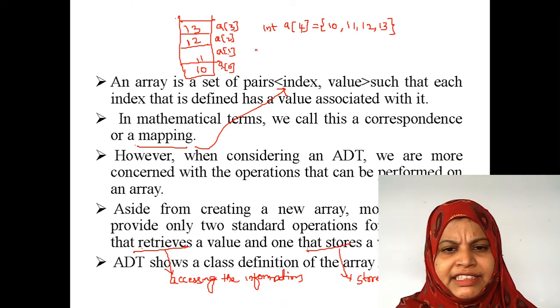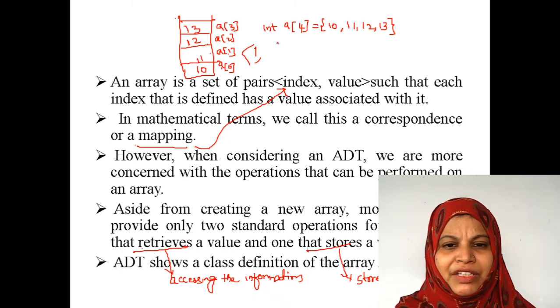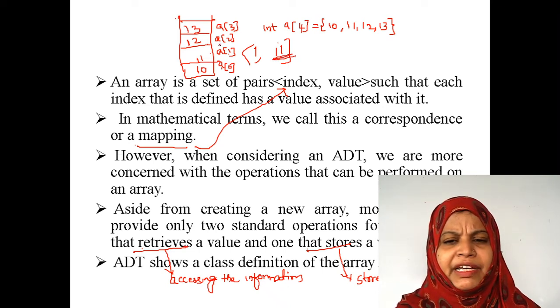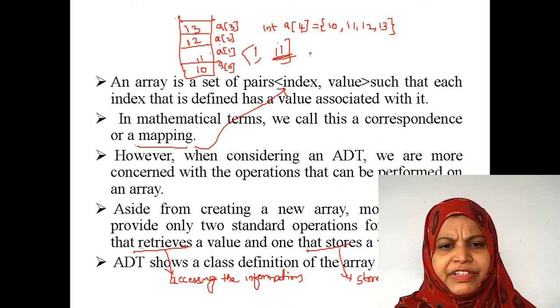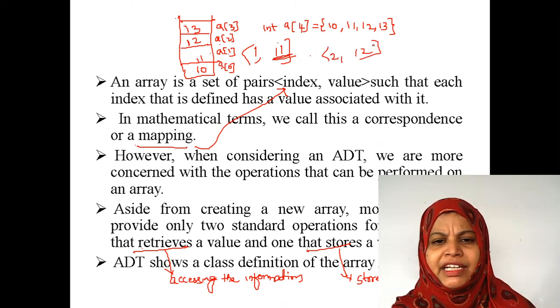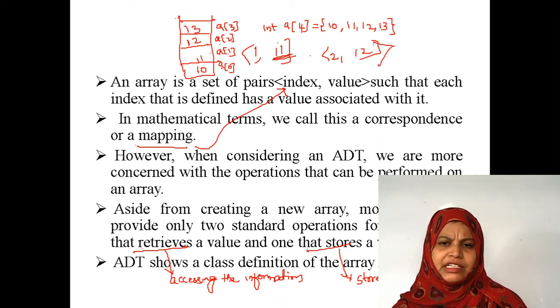What value is present here? 11. So at index 1, value is 11. For example, at index 2, what is the value? 12. By using the index-value pair concept, we are going to implement the array in ADT, right?